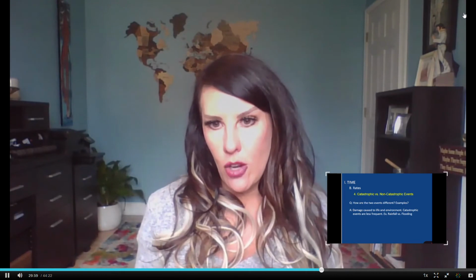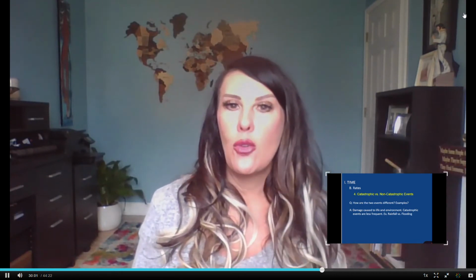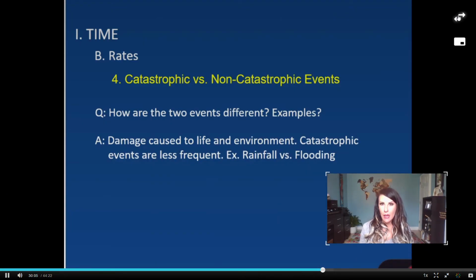Catastrophic versus non-catastrophic events. A catastrophic event is going to be one that has a high magnitude. Write this down. A catastrophic event is one that has a high magnitude and a low recurrence interval. So a low frequency as a result. So a 100-year flood event is considered to be a catastrophic event.